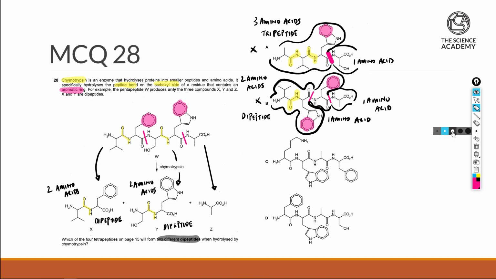Take a look at C. We do have also two benzene rings. However, the rightmost benzene ring doesn't have any peptide bond, so it will not be going for any form of cleavage. Only the leftmost one will be going for a cleavage over here. So what we're left behind, we do have a single peptide bond. So that means that this is made up of two amino acids.